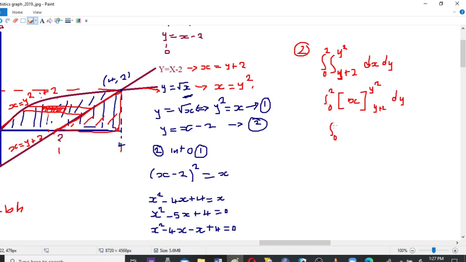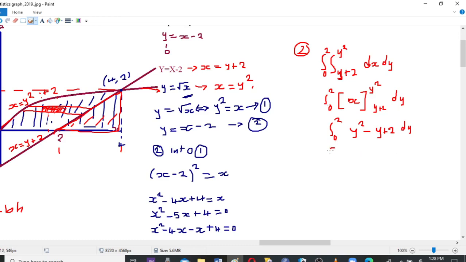Now we need to substitute that x with our limits. So we get y squared, subtracting the lower limit, which is y plus 2, dy. Now we have to integrate this with respect to y.